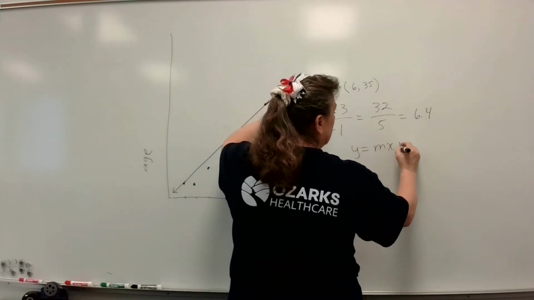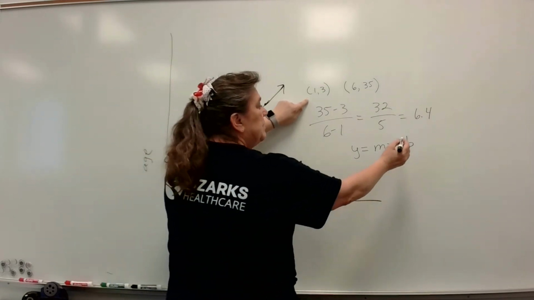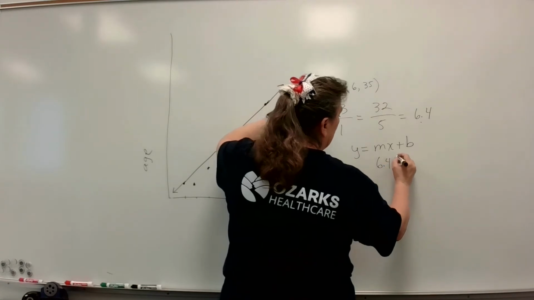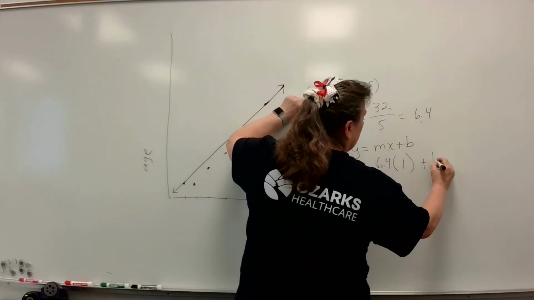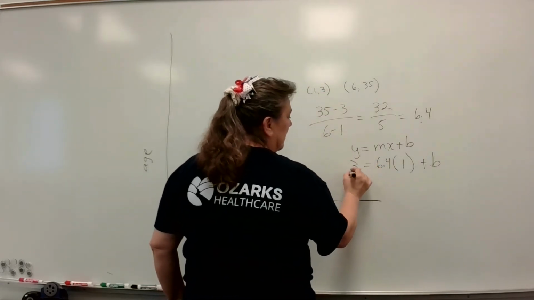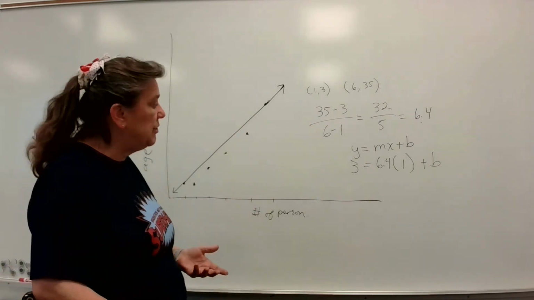Then taking that and choosing one of our ordered pairs, you're going to have y is equal to mx plus b, which you will have learned in your course. This is your m, because that's your slope, 6.4x. I'm going to use my ordered pair here, and we're going to figure out what our b is, and my y is 3. And again, you will go over this in the work that we will do.